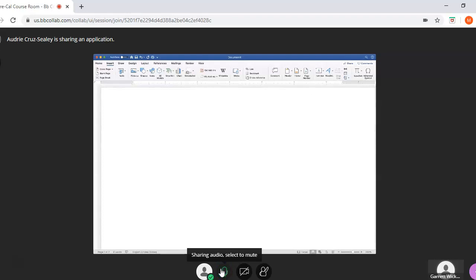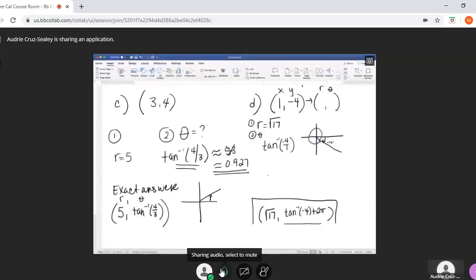This might be kind of a 2 pi minus. Yeah, I think it'd be okay. I just kind of did it from where the angle was, but I guess that's the same thing. 2 pi minus that.